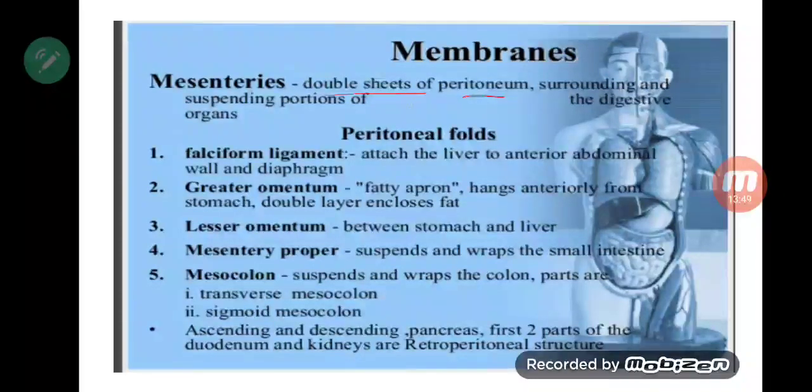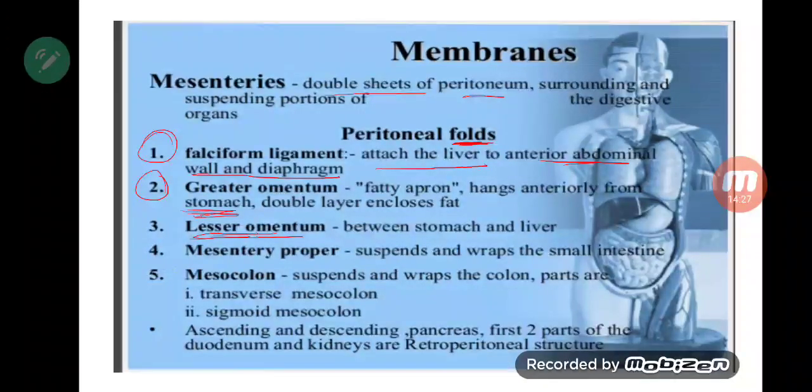We have peritoneal folds. The first fold is called the falciform ligament, attaching the liver to the anterior abdominal wall and diaphragm. The greater omentum is a fatty apron that hangs anteriorly from the stomach, a double layer enclosing fat. It is attached to the greater curvature of the stomach, and the lesser omentum covers the lesser curvature.